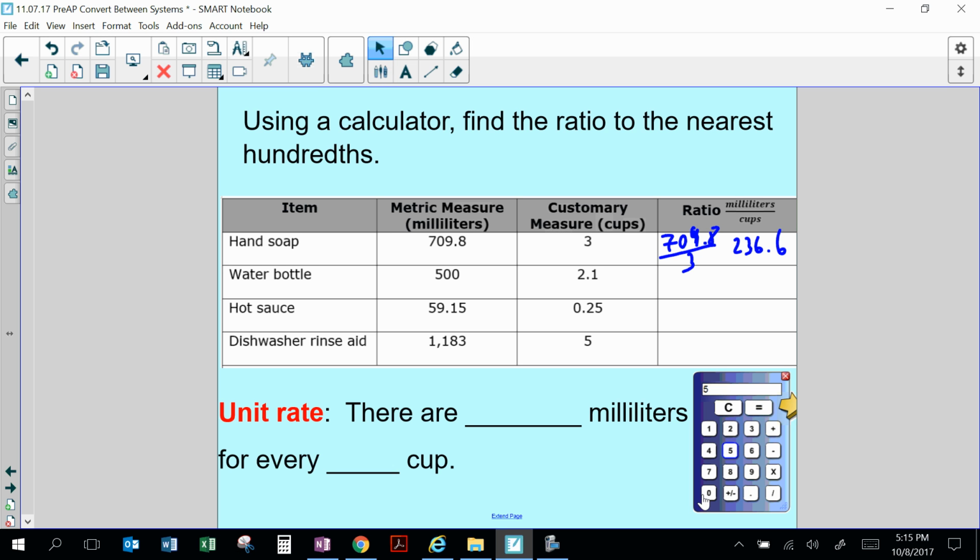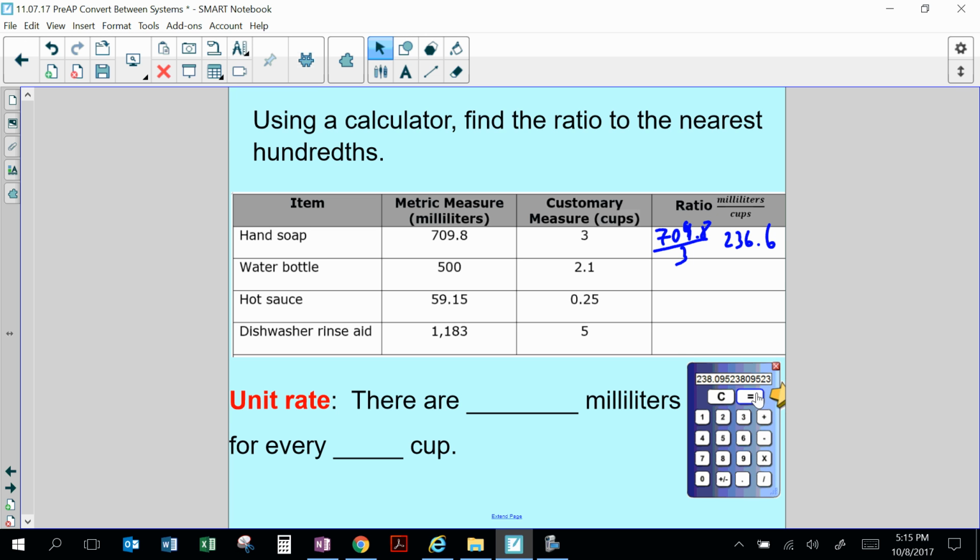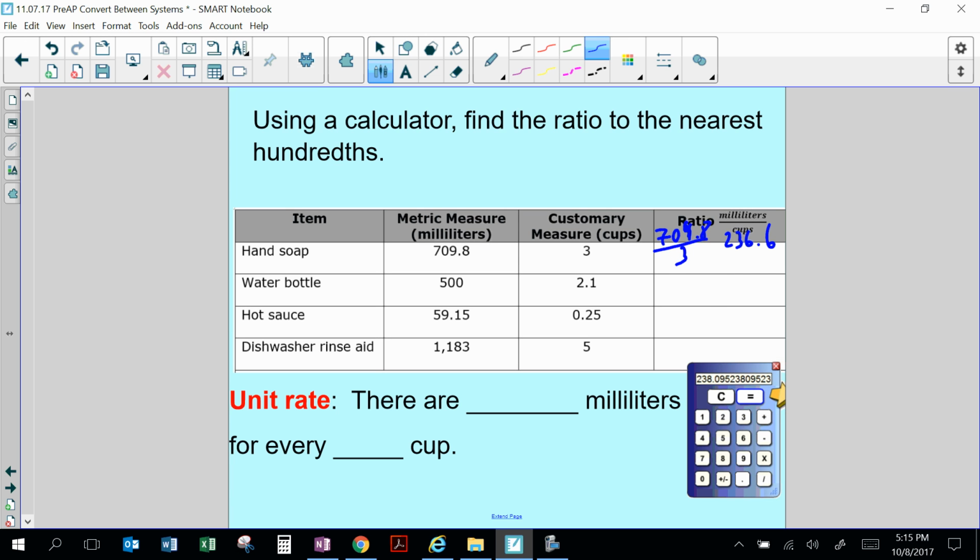Next one, 500 divided by 2.1 equals 238.10.